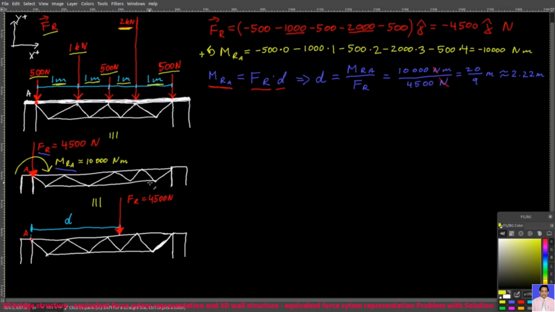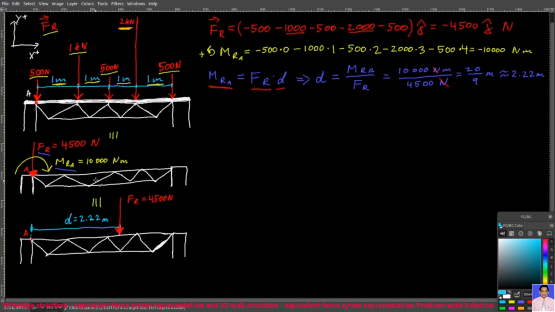Only now you don't have to include this couple moment in the drawing because Fr creates it automatically by being 2.22 meters away from point A.